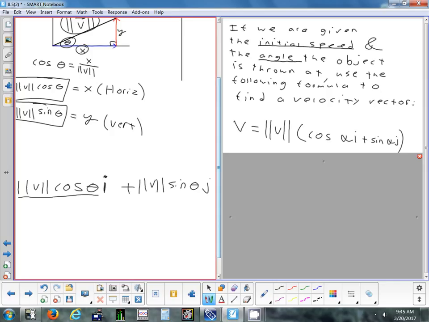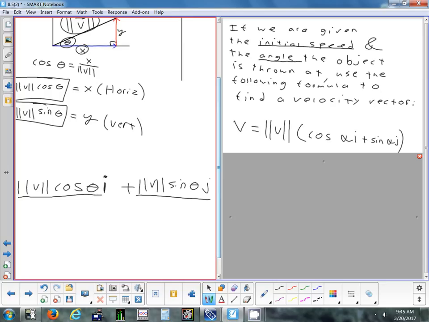But what does this and that both have in common? The magnitude of v, and that's why I factored it out and put it in front. So all you're left with is cosine angle i plus sine angle j.